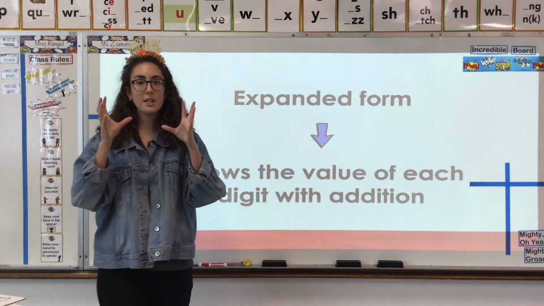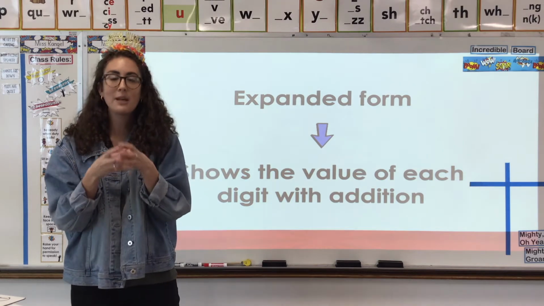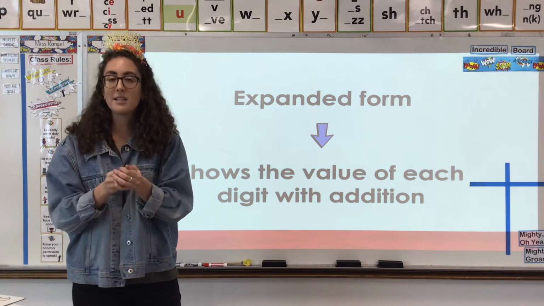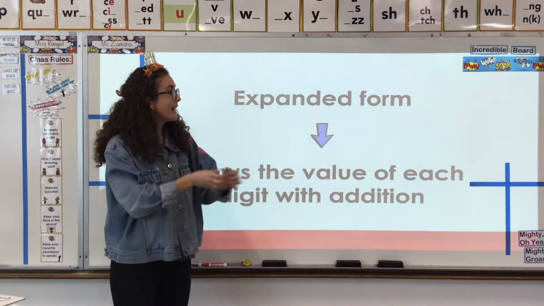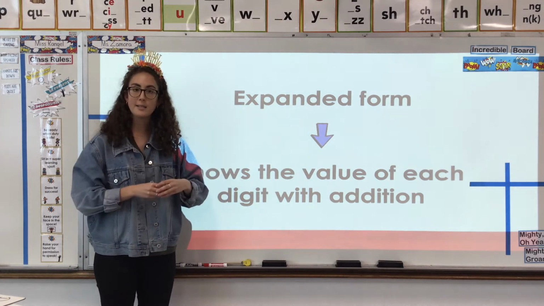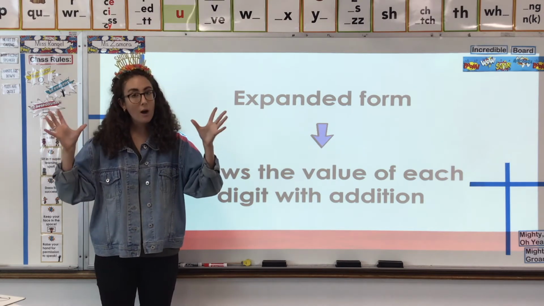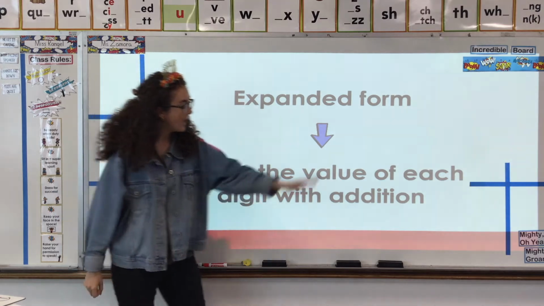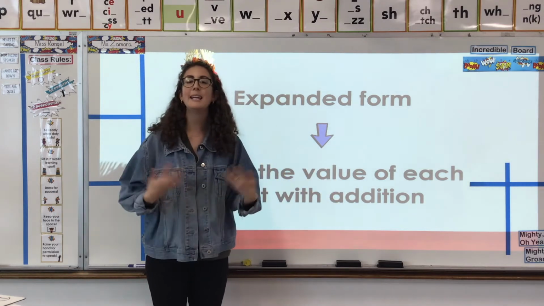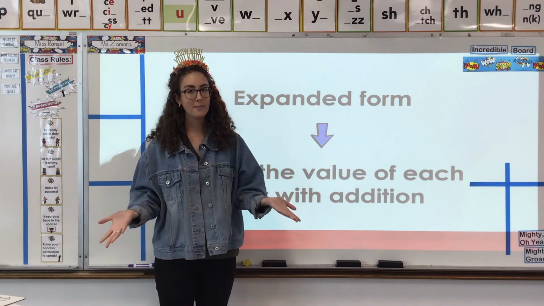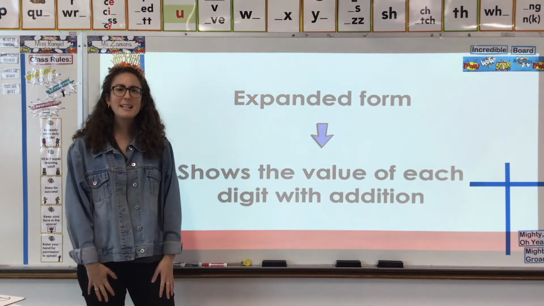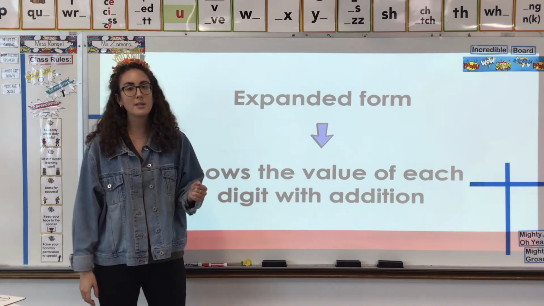We know that digits hold different value based on their place. And that's what expanded form does. It takes apart that number so we can see all the different values and puts it into an addition sentence. So let's figure out exactly what expanded form looks like.